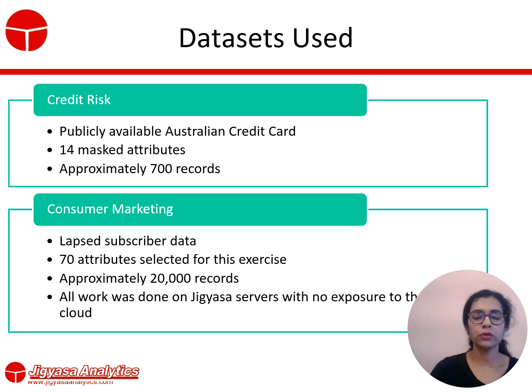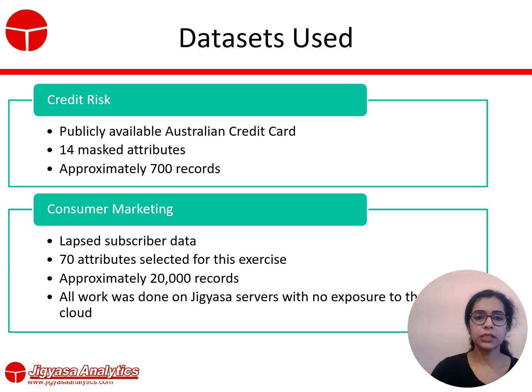Now let me talk about the datasets used in our experiment. We have used two different datasets. The first one is related to credit risk. This dataset is publicly available and based on Australian credit card data. It contains 14 masked attributes and approximately 700 records. This dataset is suitable for testing how well different methods perform with financial tabular data of limited size.